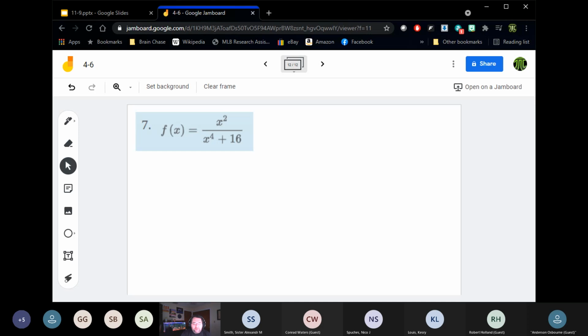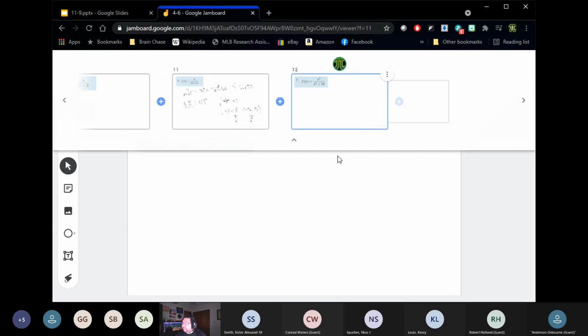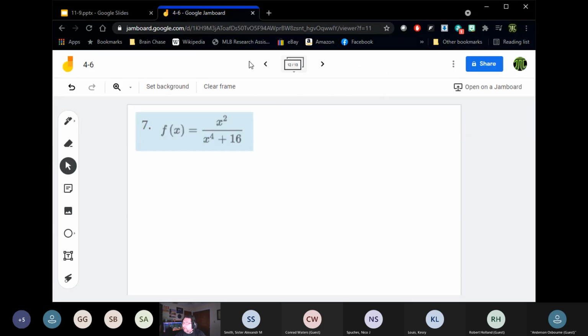I'm gonna do this one and 1 more after this one. All right, so work on converting this one down to the 1 over 1 minus x.